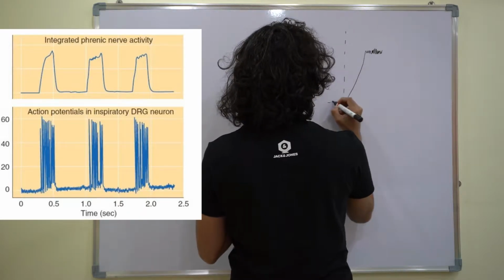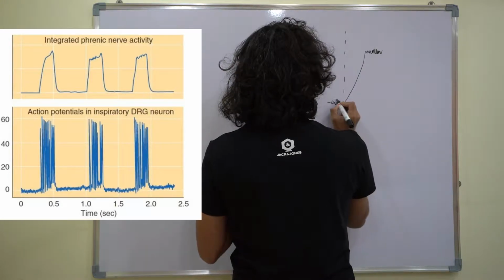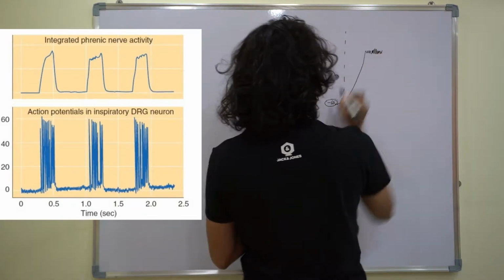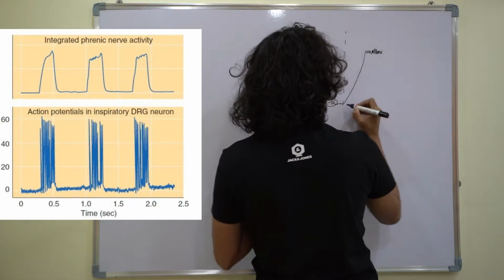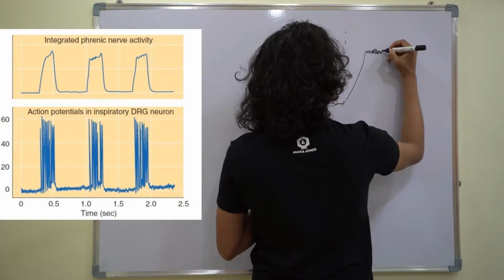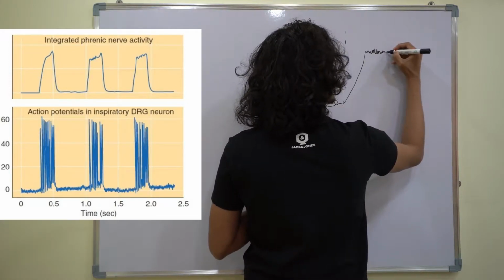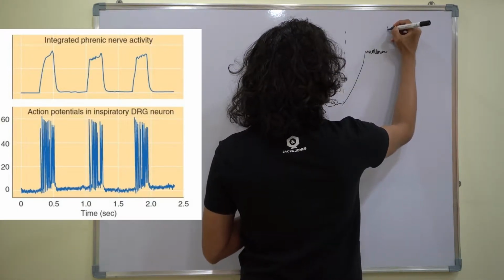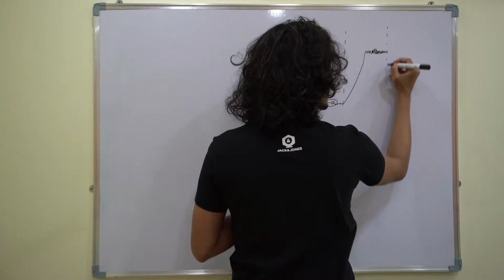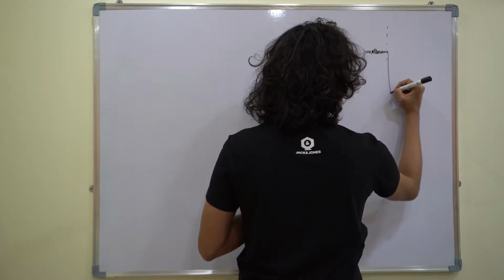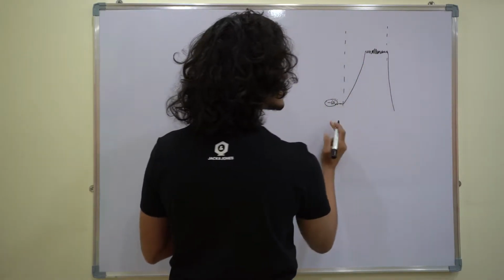This is coming to minus 60 millivolt, and this is the baseline potential, the resting membrane potential, and from here the potential goes up and keeps undulating for a while like this, and at this point it suddenly stops. When it stops, the fall is much faster when compared to your rise.